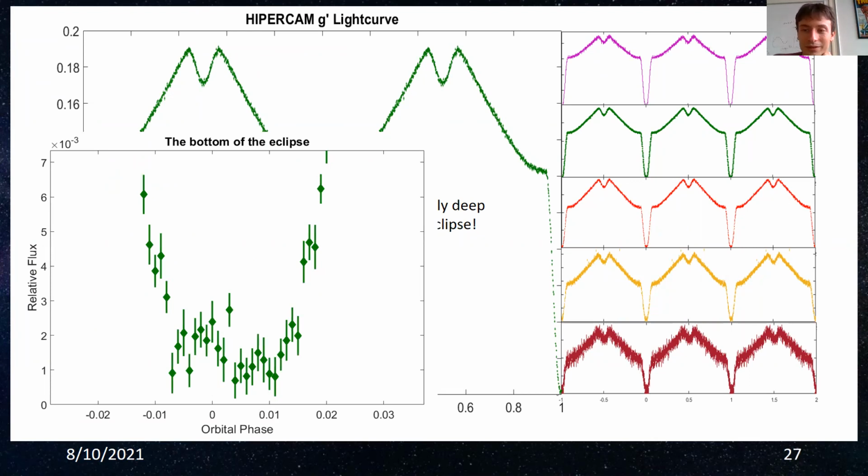And then you can do things like in the bottom of the eclipse actually measure pretty precisely what the temperature of the secondary is. In this case, that secondary white dwarf is only 5,000 degrees, and prove some cool tidal physics. And the reason is there's a prediction that the white dwarf in this system should be heated to about 15,000 degrees by tides.